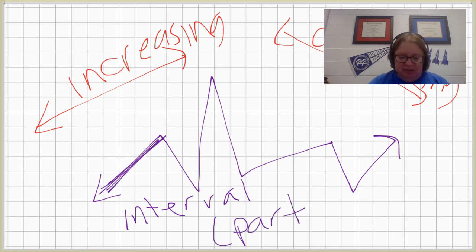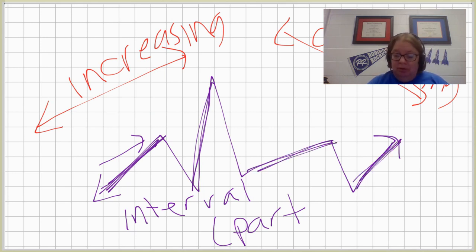This interval is increasing. If we look from left to right, it's going up. This interval is increasing. This interval is increasing. Those are going up. This one too, right? What about these other intervals? What are they doing? Decrease, decrease, decrease.